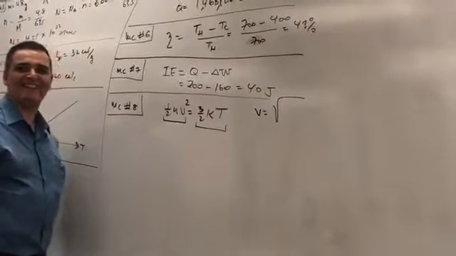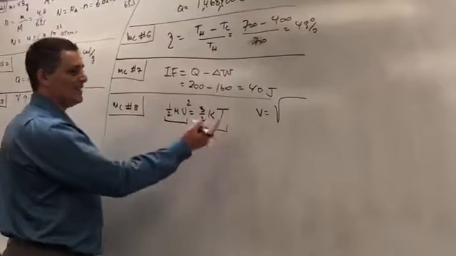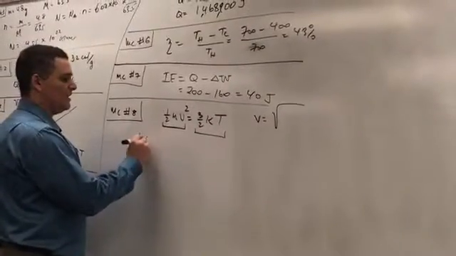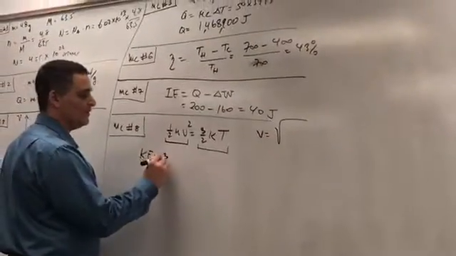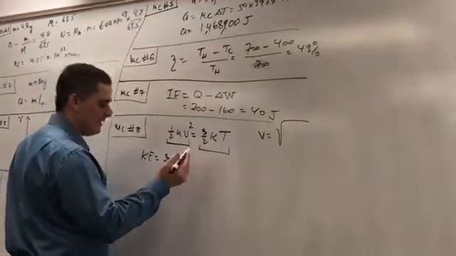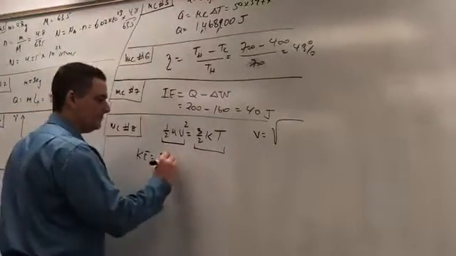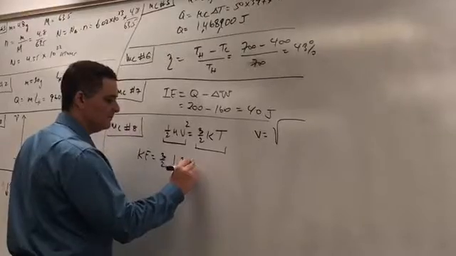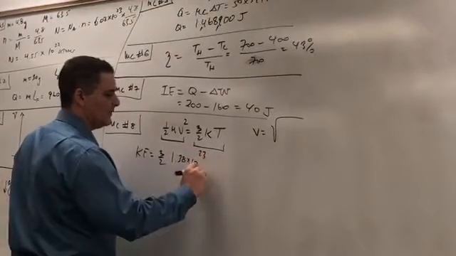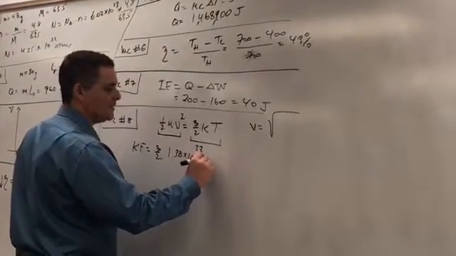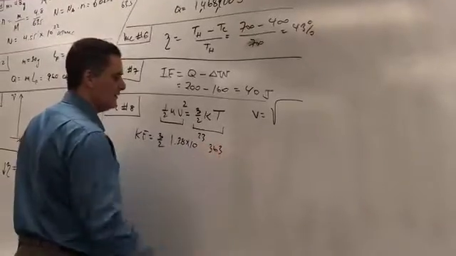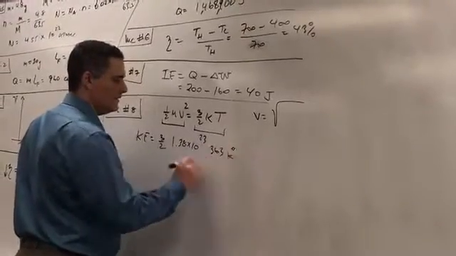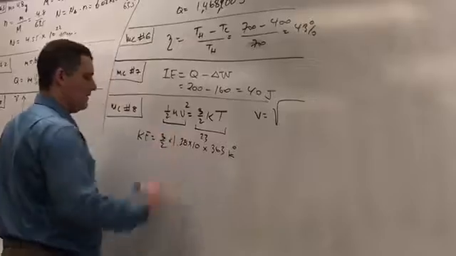There it is. So the kinetic energy is equal to 3/2 times the Boltzmann constant, 1.38 times 10 to the negative 23, times temperature, which is 363 Kelvin.